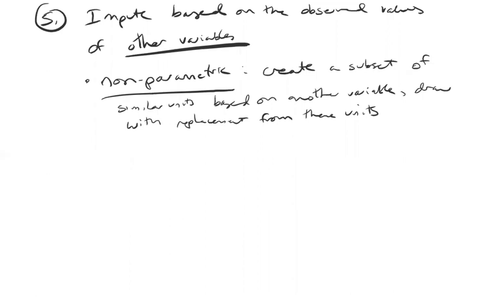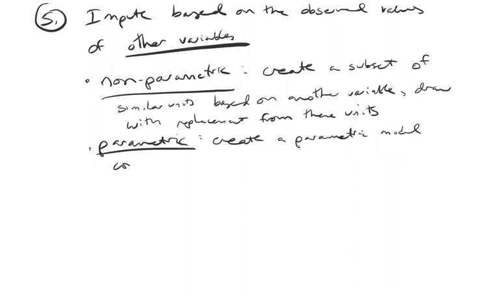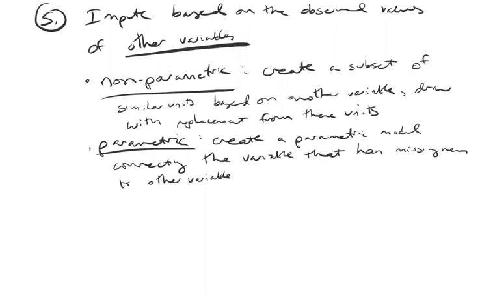That's the non-parametric version. The parametric version of the same thing is something like a regression. So you can create a parametric model like a linear regression connecting the variable that has missingness to other variables, and then use the model to impute.